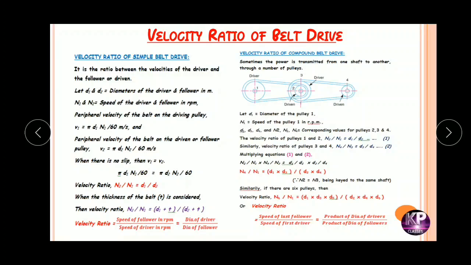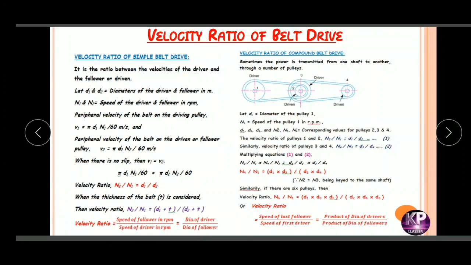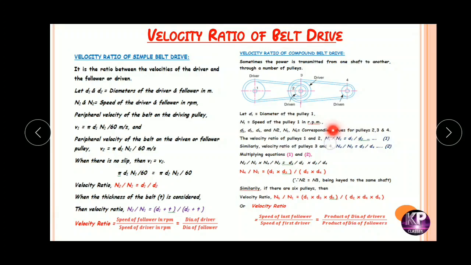Finally, in general, velocity ratio in case of compound belt drive equal to speed of the last follower, in this case n4. This one is the last follower and pulley number 2 is the first follower. Pulley number 1 is the first driver and pulley number 3 is the second driver. Speed of the last follower, that means n4, upon speed of the first driver, that is n1, equal to product of the diameters of drivers.